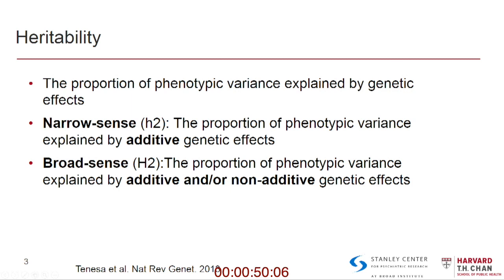It ignores the interaction or other non-additive genetic effects. The broad sense heritability broadly measures all the genetic effects, including additive and/or non-additive genetic effects. And the broad sense heritability is typically noted with big H squared.